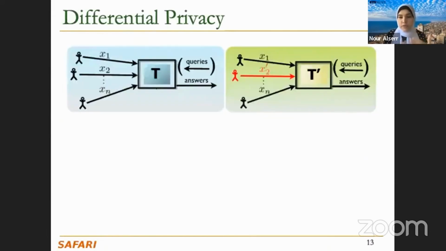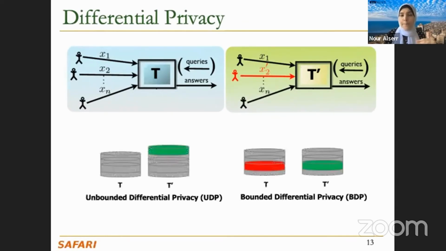Let me give you more technical details about it. Again, imagine that we have two data sets, we call them neighboring data sets. These two data sets differ in one row, okay? So based on the differences, we have two types. If they are the same size, but they differ in the content of one row, we call it bounded differential privacy.